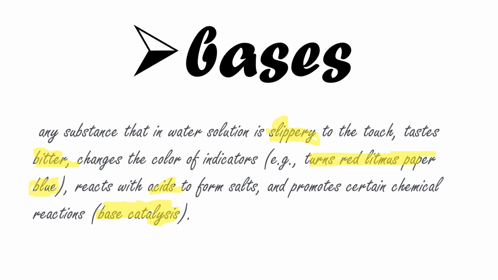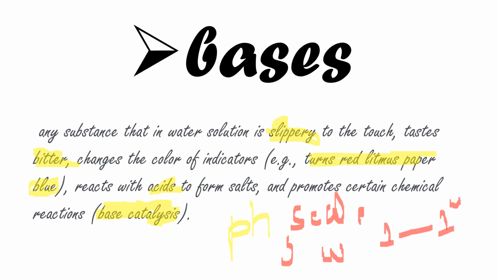Apart from that, we can identify the bases on the basis of pH. Now what is pH? Basically, pH is the ionization power of a base. It shows whether a base is strong or weak. We do have a pH scale with numbers from 1 to 14, which shows us the bases and the acids.